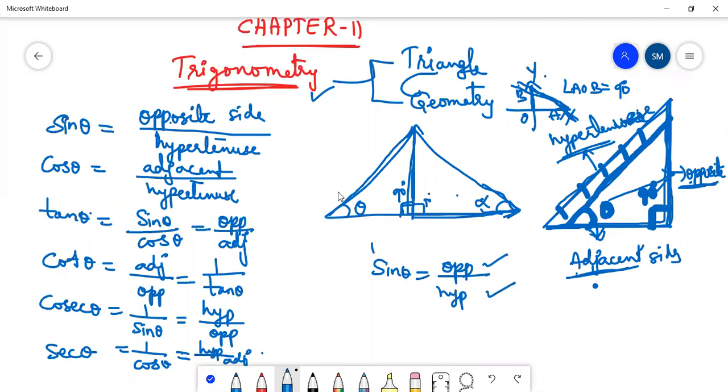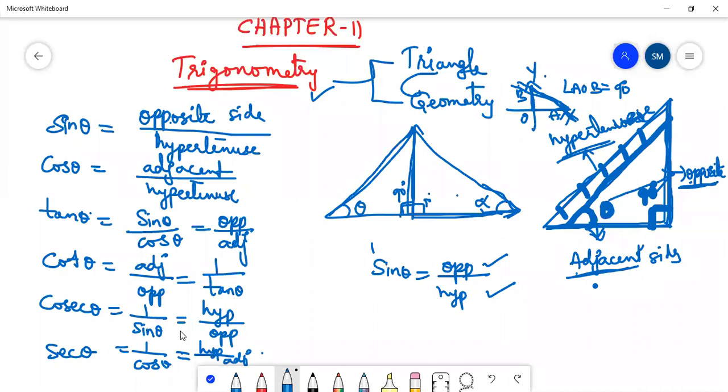Cos theta, in general along the horizontal axis, is adjacent side by hypotenuse. Tan theta is the ratio between opposite and adjacent.